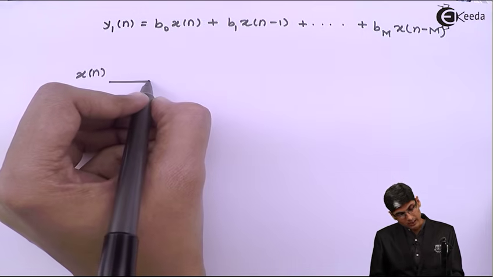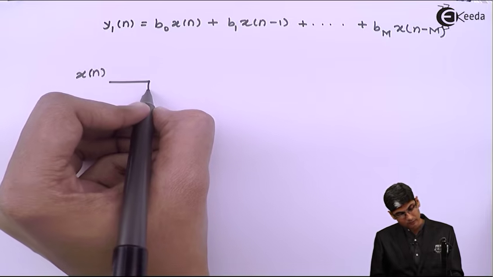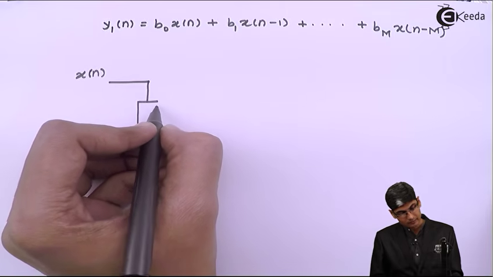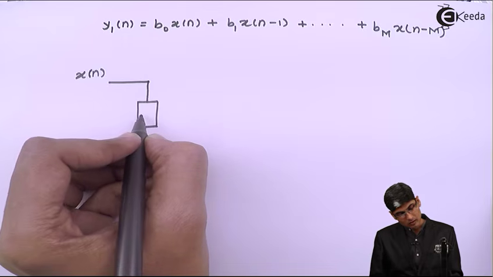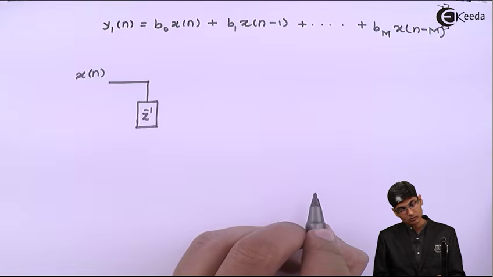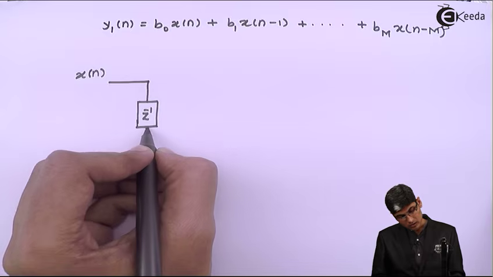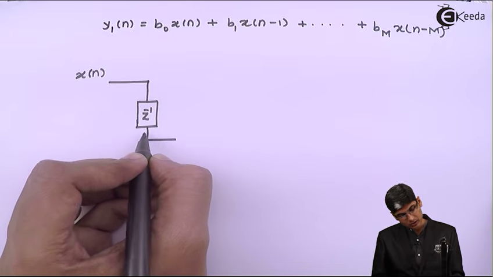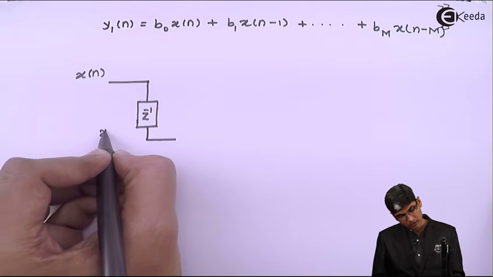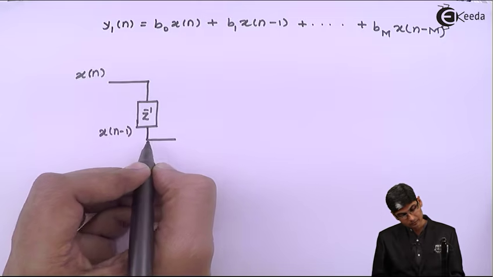Then that x of n signal is going to be delayed by a factor of z raised to -1, and the output here after delaying will be x of n minus 1.